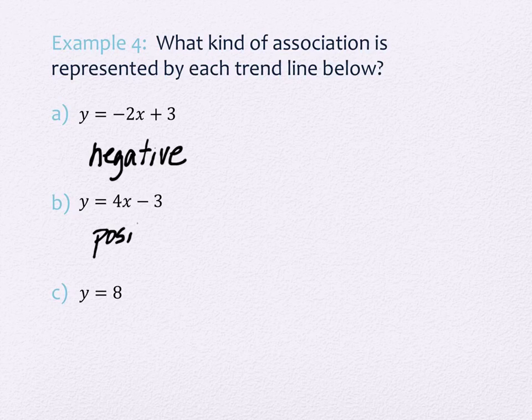That is a positive association. What about on C? Yeah, there's zero slope, right? There is a slope. The slope is 0. So what we say is that there is no association because the slope is 0. Basically, if you were to draw a line, it would be horizontal, which means that there is no change over time. Right? There is no increase or no decrease over time. No association.